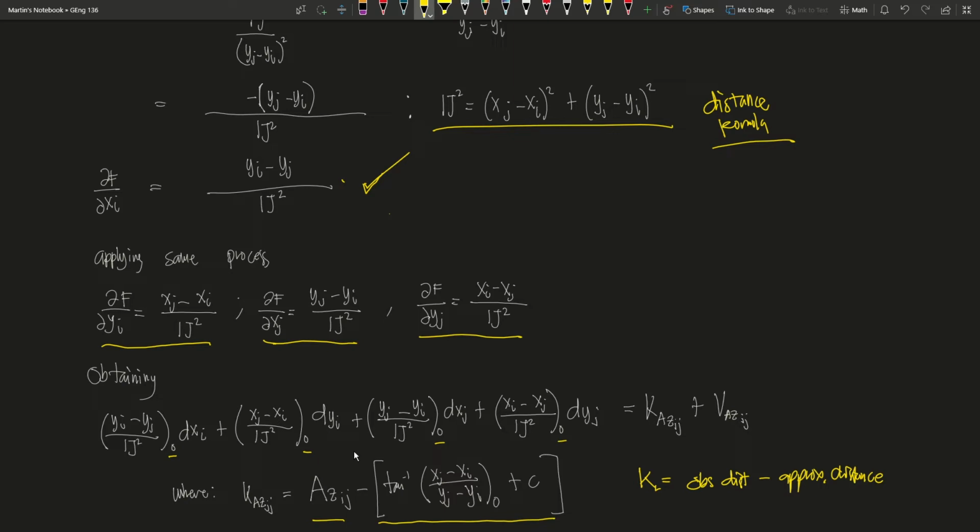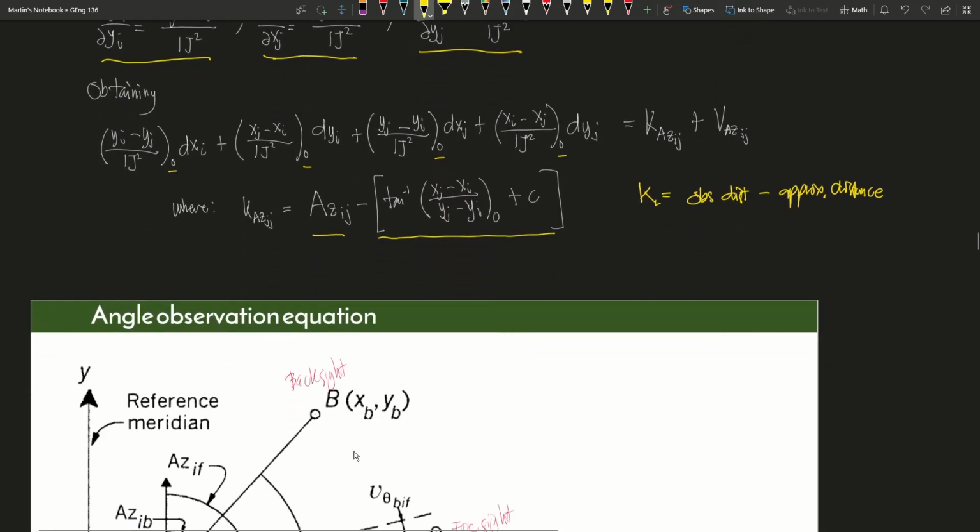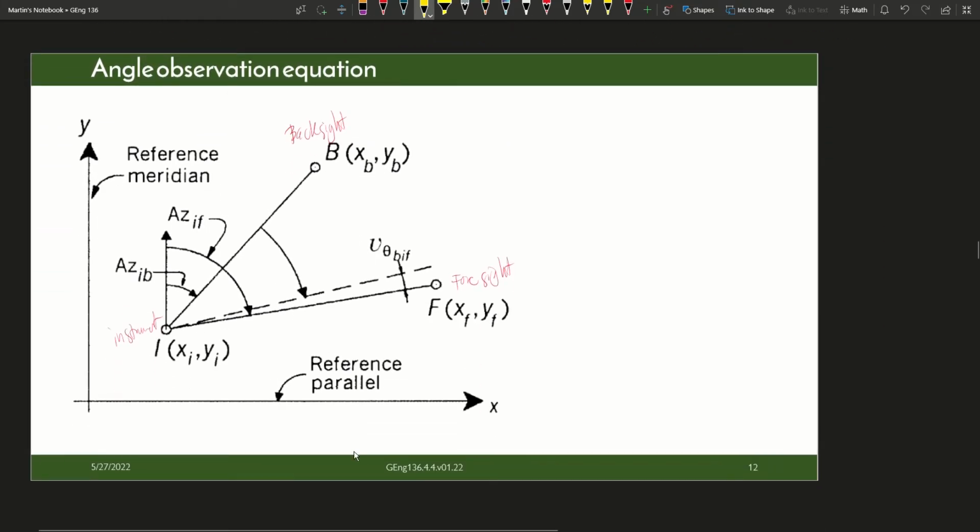So now let's proceed to the angle observation equation. From the previous slides, we were just concerned with a line and its angle. How about if we have two lines? Then we have an angle in general.